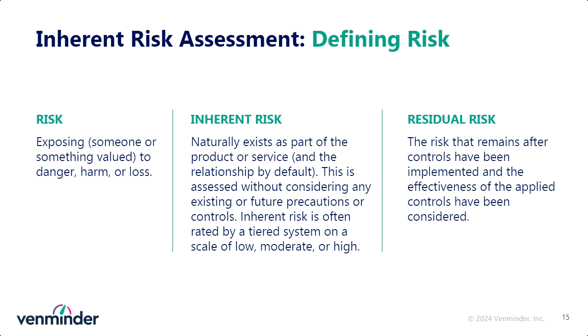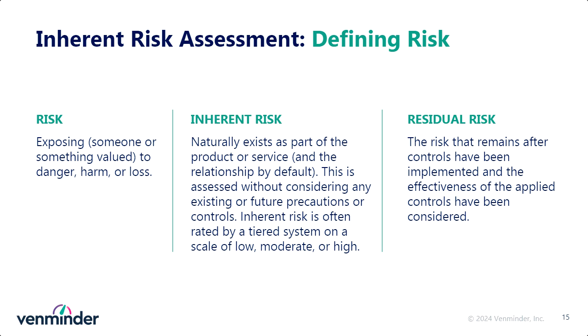Inherent risk exists naturally within the vendor's product or service. So a vendor that's providing customer service to your members on your behalf would have inherent reputational risk. Inherent risk is always assessed without considering any existing or future precautions. In other words, you're looking at this risk as is and not thinking about how you can mitigate it.